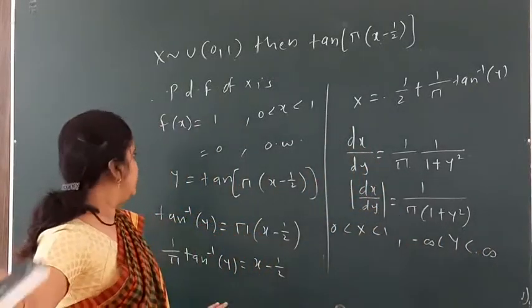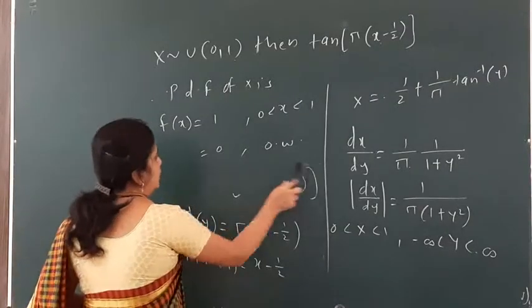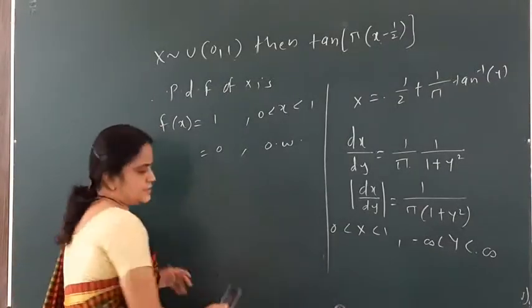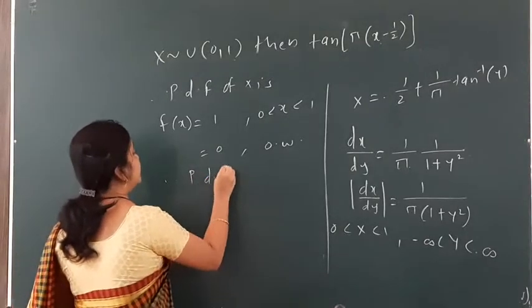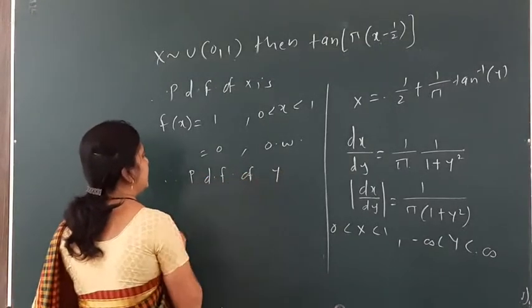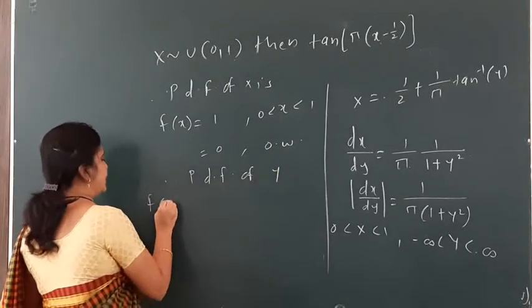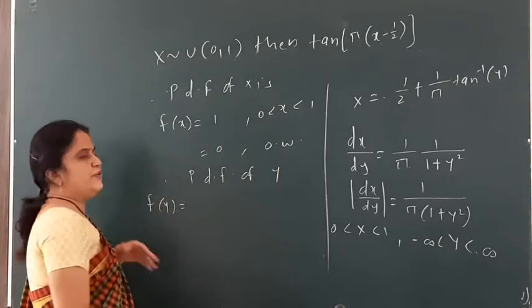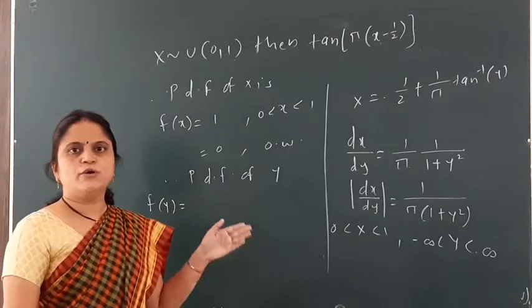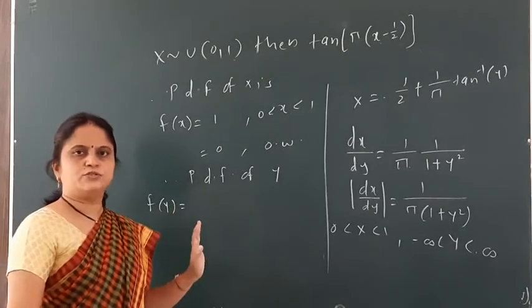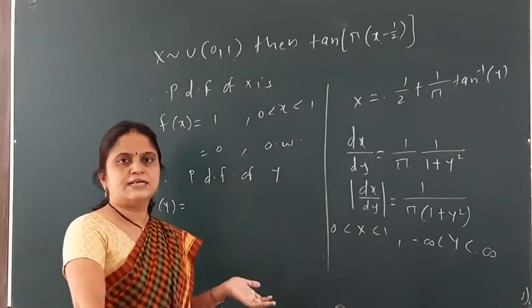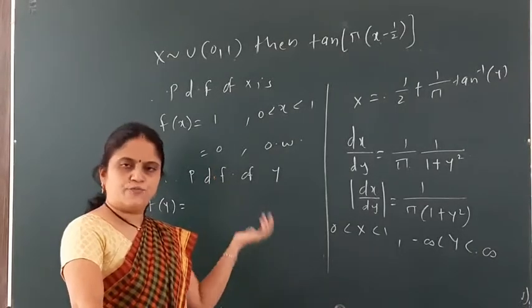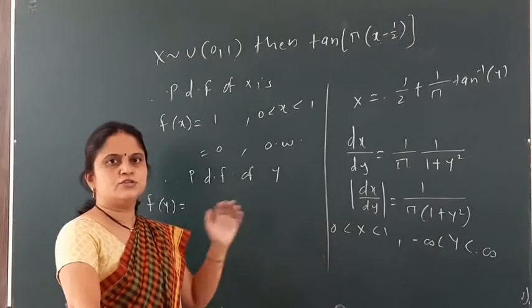Now the last step, that is the PDF of y. PDF of y, f of y, is equal to fx in terms of y into modulus of dx by dy. That is the formula. So fx in terms of y means I replace the value of x as y in our fx, and then into modulus of dx by dy.